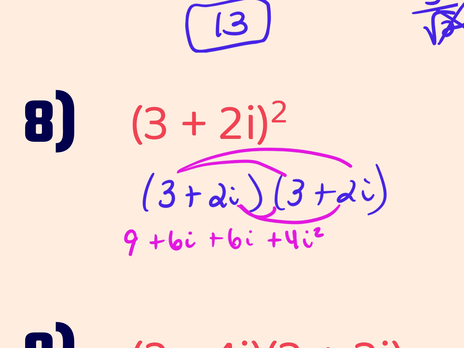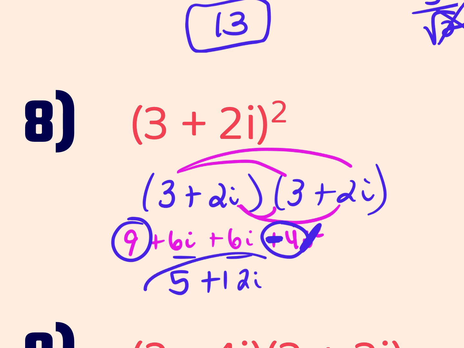Oh, I see an i squared. What do we do? Cross it off and change the sign. So this now becomes 9 minus 4, which is 5. And then 6i plus 6i is positive 12i.